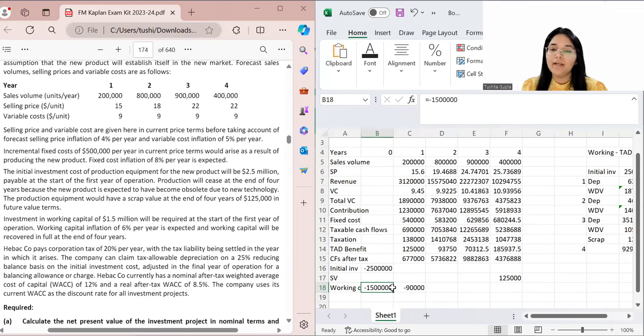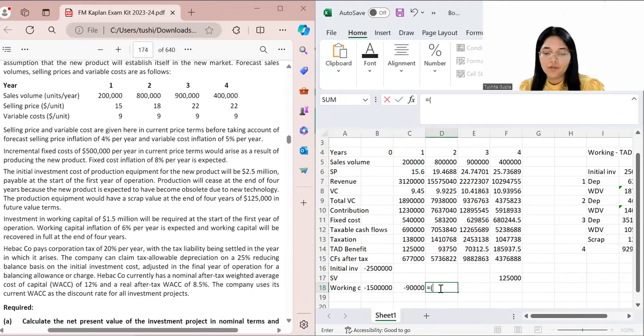Now, with this, my total of working capital becomes 159 and 4 zeros. So on this value, now I need 6% more. So equals this plus this, and I multiply that by 6%. So this is the incremental, the extra working capital that I need in the second year.